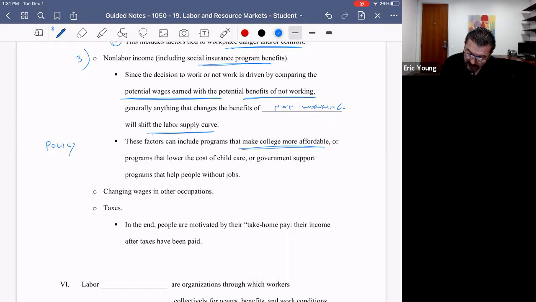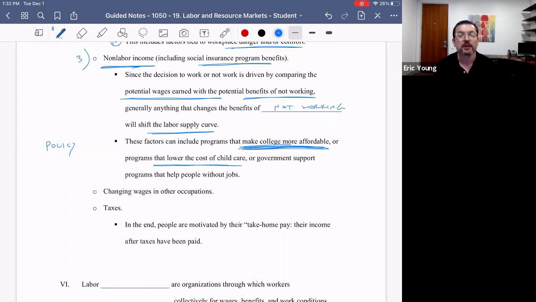On the other hand, if you didn't have programs that made college more affordable, you'd probably need to work more, either because you couldn't afford college and you wouldn't go, or you need to work more hours to pay for it. So again, notice that non-labor income in the form of aid for going to college is going to have a ripple effect in labor markets.